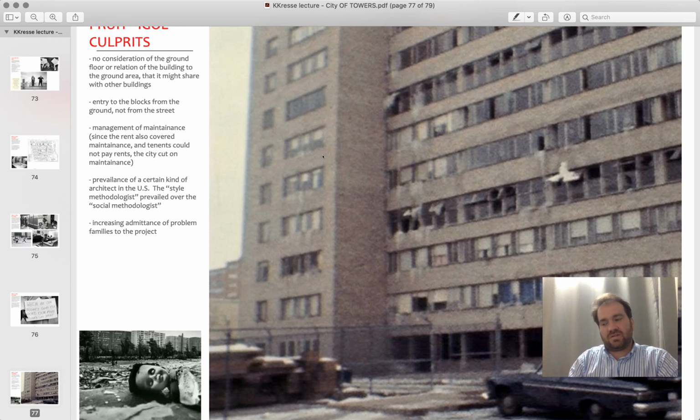And then things don't get maintained anymore, which means the living conditions deteriorate, and the ones that can afford it move out, similar to what I've shown you in England. As a consequence, the ones that stay behind are the poorer ones, and then there's even less money for maintenance and more social problems, and slowly it starts becoming a slum.